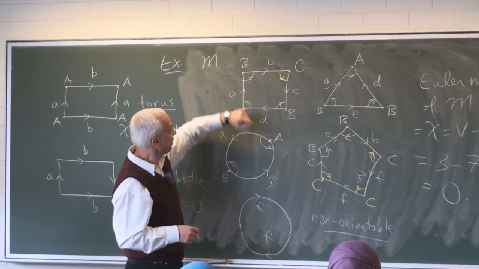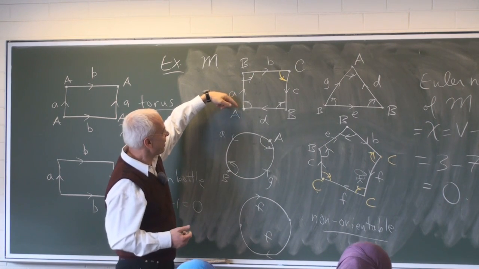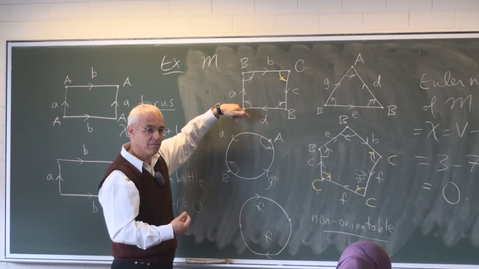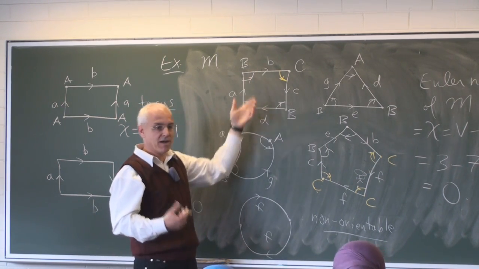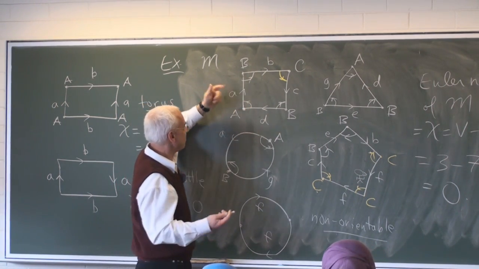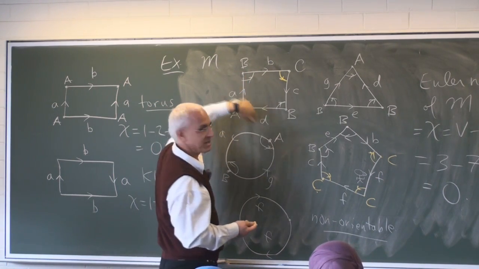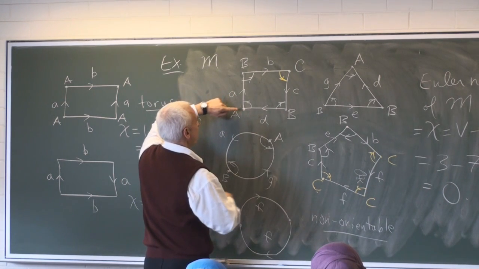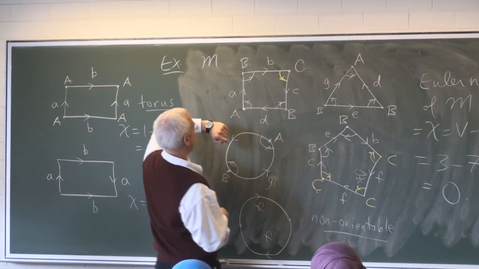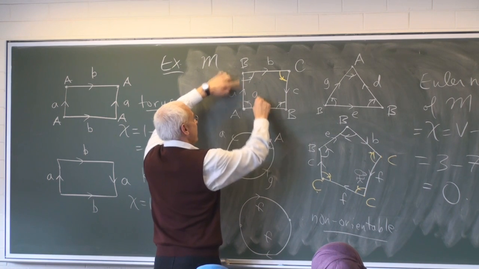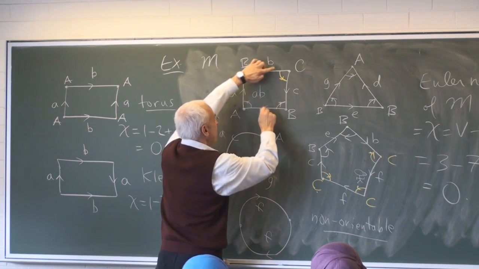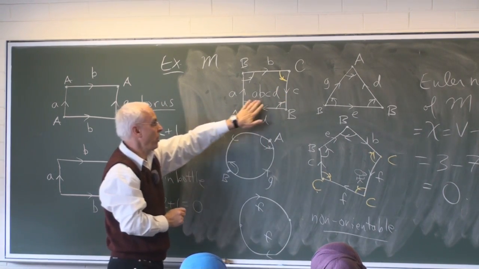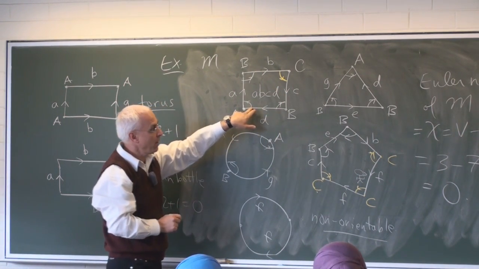So this polygon here, we could represent it by a word that we get by going around the polygon. We could go around either this way or this way. It doesn't really matter. Let's go around this way because maybe it's the usual positive direction. So edge A, and then edge B, and then edge C, and then edge D. So this word encodes that information.